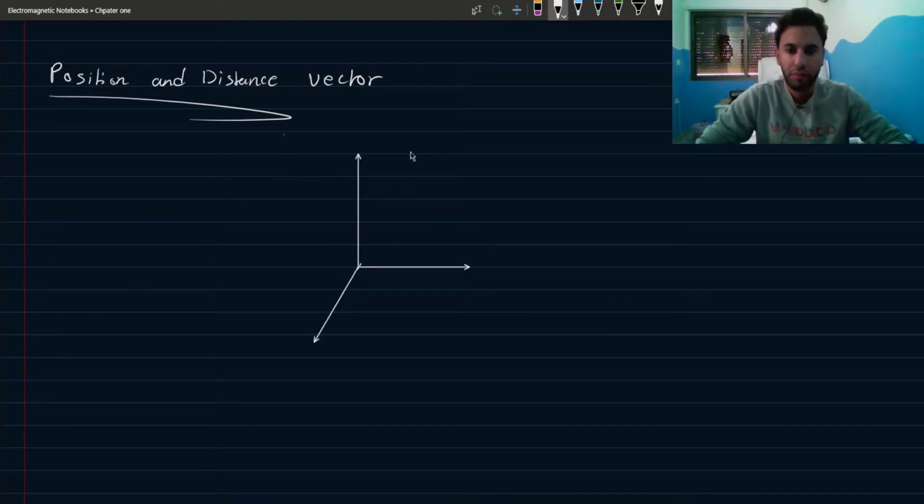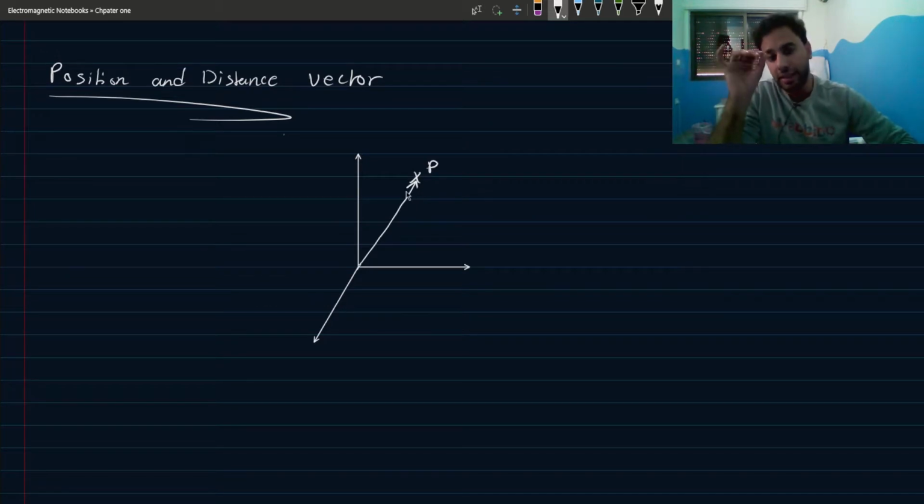So let's say we have a point P in space. By the definition of the position vector, there will be a vector that links that point with the origin, and that vector will be called RP, hence the position vector.